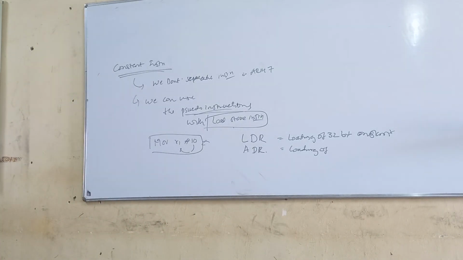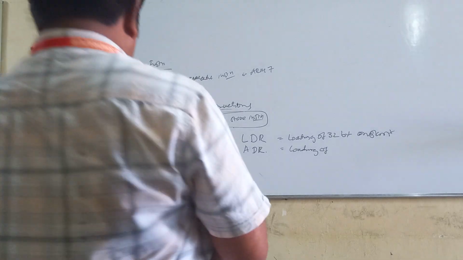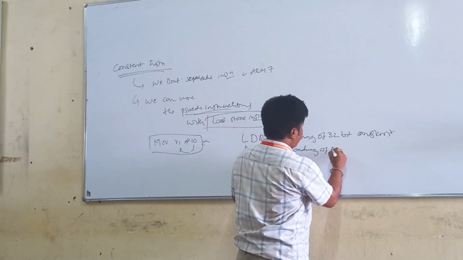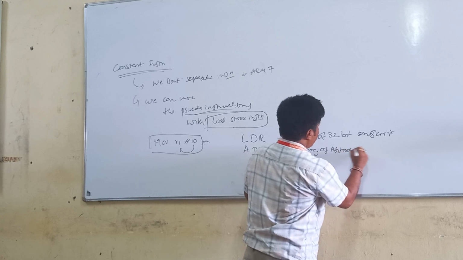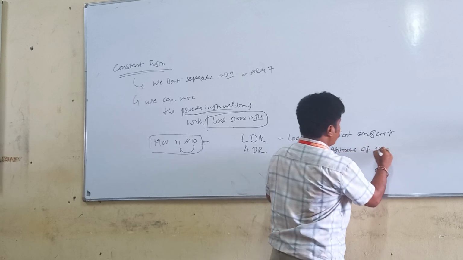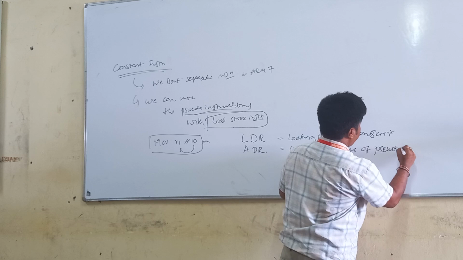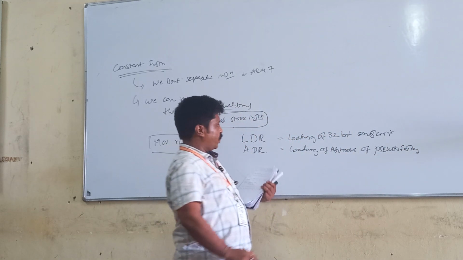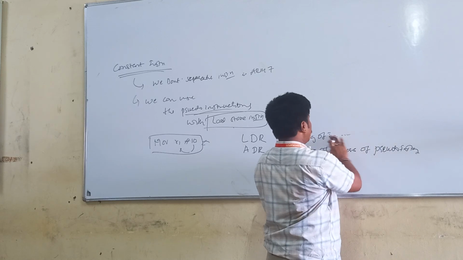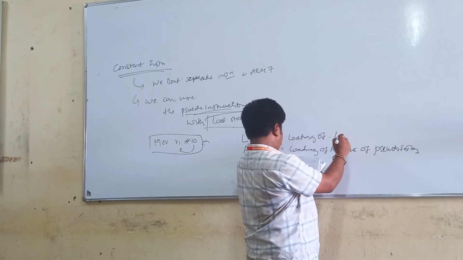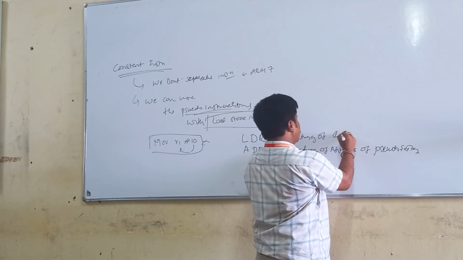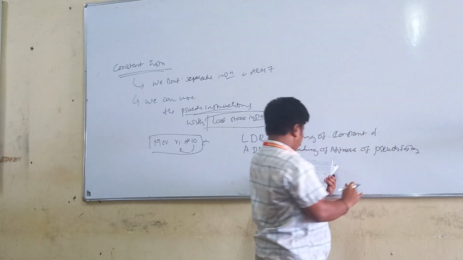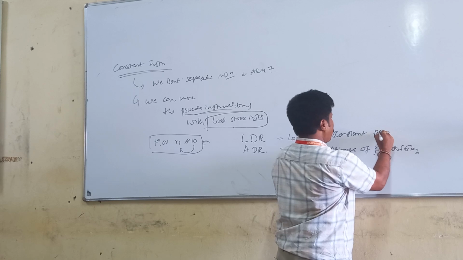Load the contents of the pseudo instruction. We are also loading the address of the pseudo instruction. This is the loading of a 32-bit constant with the help of pseudo instructions.